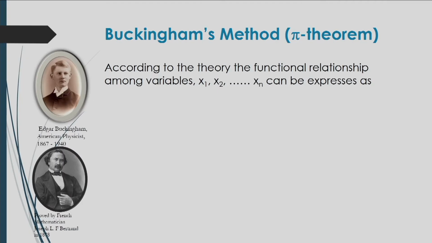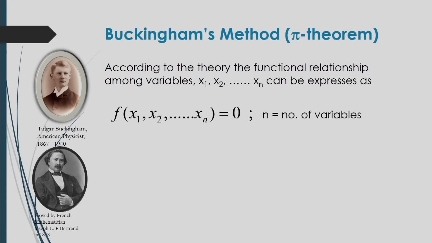And in this case what you have to do, according to that theory, the functional relationship among variables like x1, x2 and xn can be expressed as function of x1, x2 and xn equals 0.